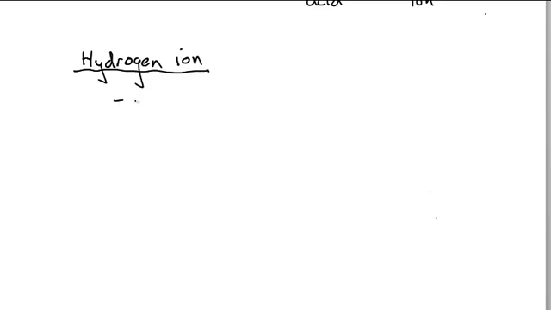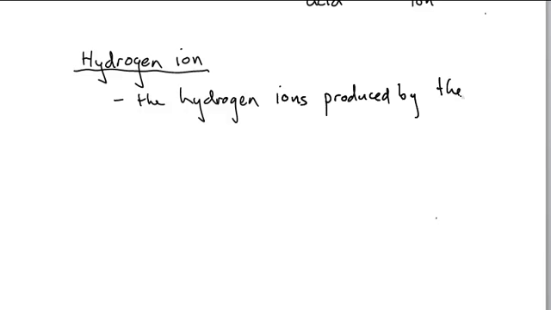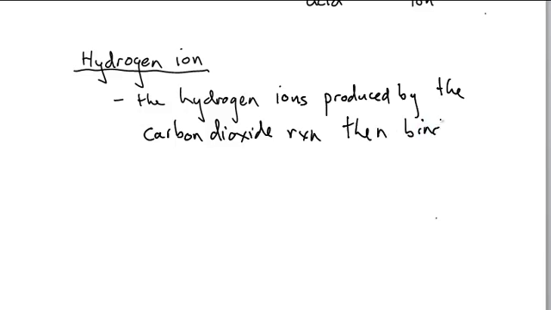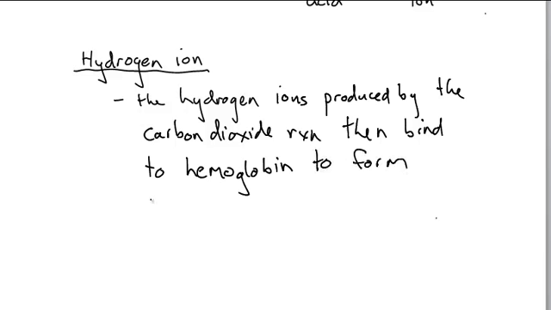And the hydrogen ions produced by the carbon dioxide reaction then bind to our good old friend hemoglobin to form what is called reduced hemoglobin.